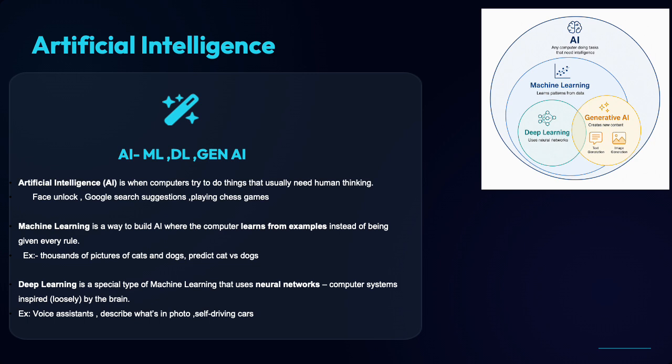And then what is machine learning? Machine learning is a way to build AI where the computer learns from examples instead of being given every rule. In a traditional programming world, you write rules. For example, if condition A is met, then go to B. If B is met, do something. That's how you manually codify every rule.